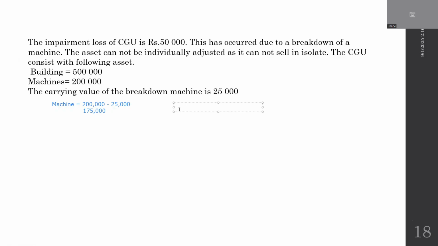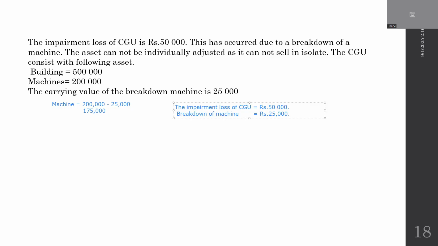So we already know this 50,000. We should deduct the breakdown of the machine, which is 25,000.